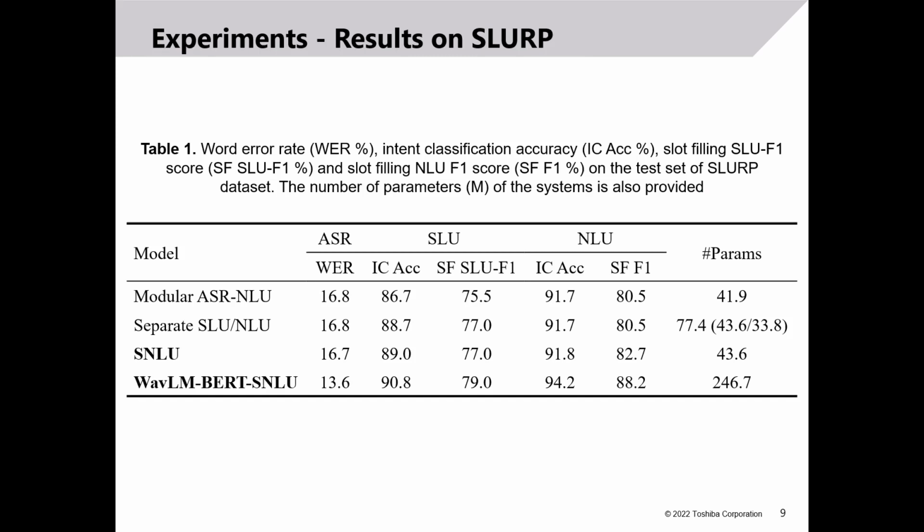We can see from this table that the proposed SNLU system achieved very comparable performance to both the end-to-end SLU system and the separate NLU system, but with a much smaller number of parameters. Also, by injecting the WavLM and BERT models into the system, we can see that the performance has been largely improved on all of the metrics.